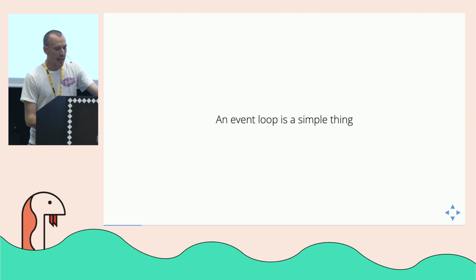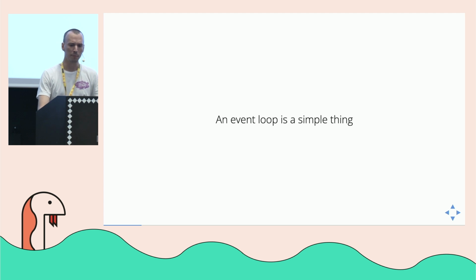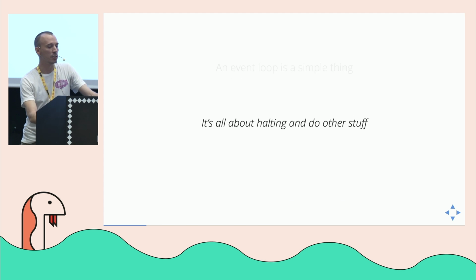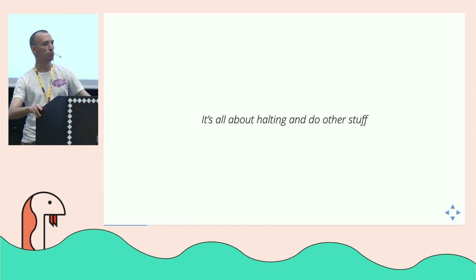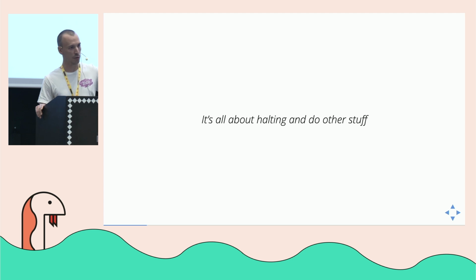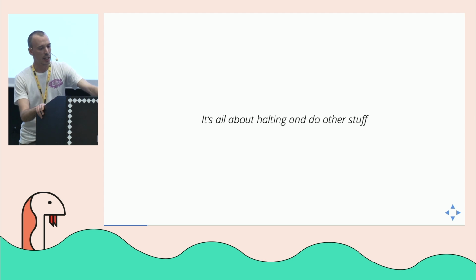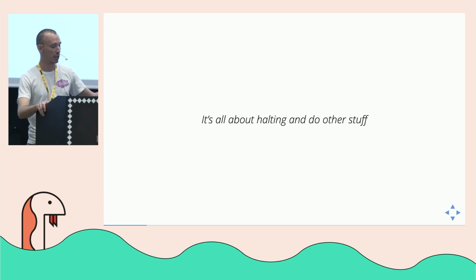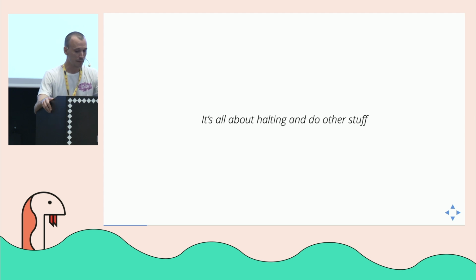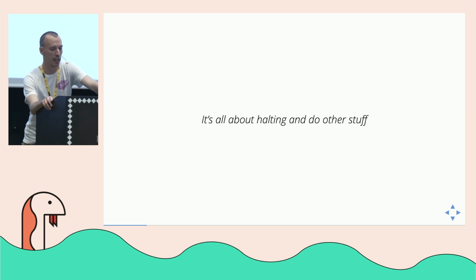And it's also quite simple to understand why we want to use event loops, right? Because we kind of want to do other stuff while we wait for that thing to happen, right? Let's say picture a restaurant, okay?